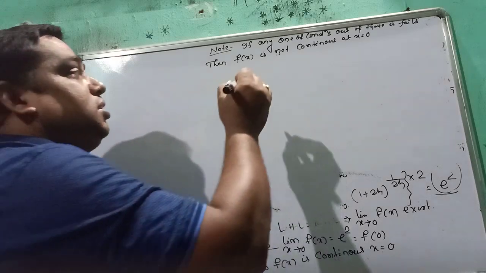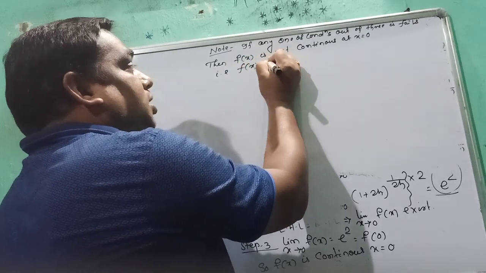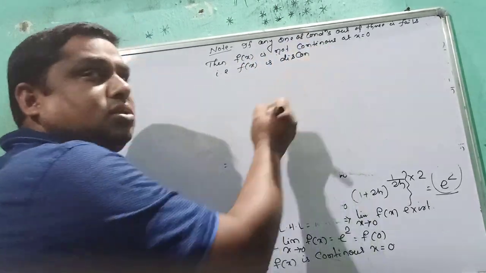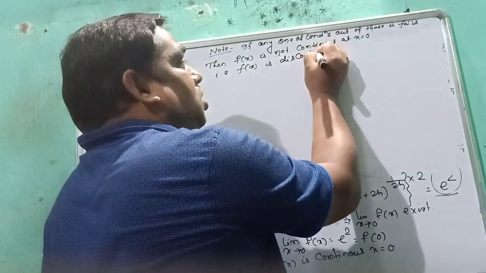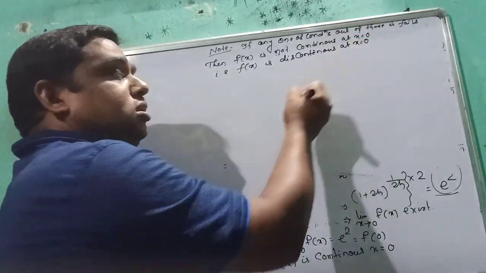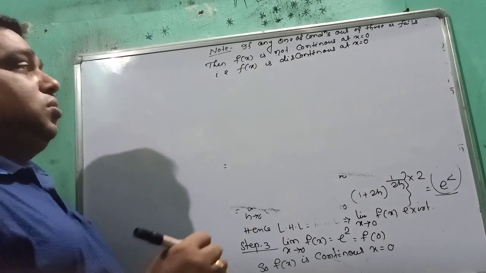Then f(x) is not continuous means that f(x) is discontinuous at x equal to 0.